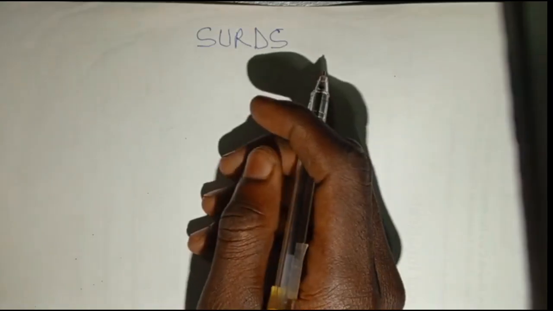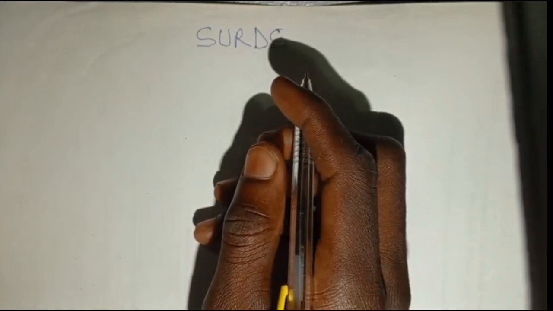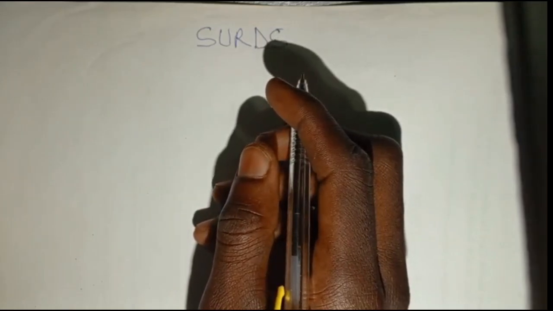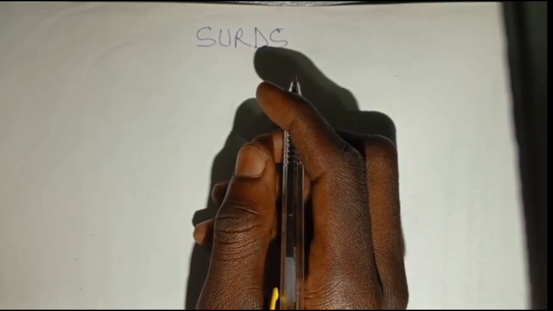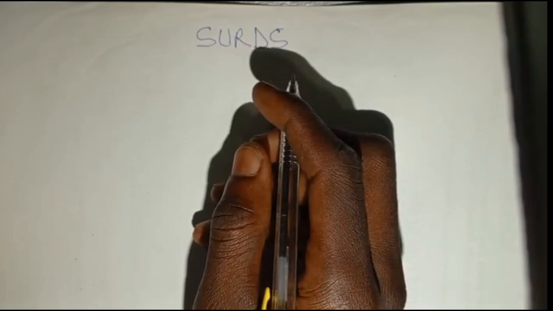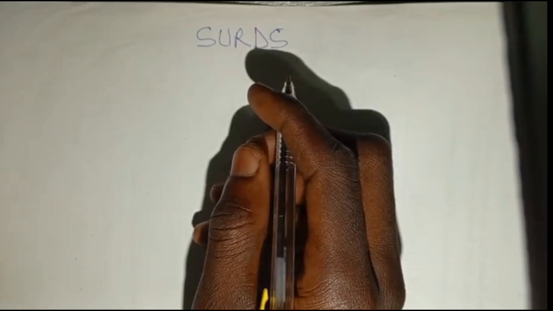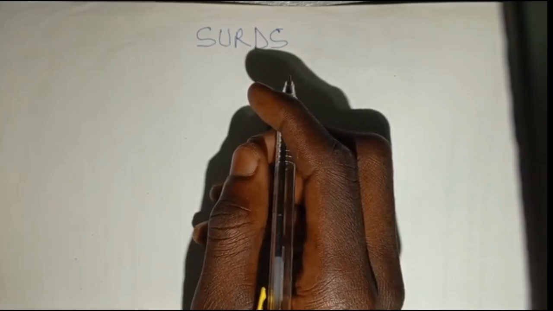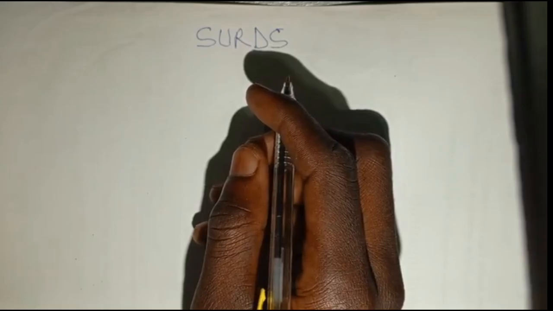By the end of this lesson, you will understand the definition of surds, properties of surds, how to simplify surds, how to add and subtract surds, how to multiply surds, how to divide surds, how to rationalize denominators, and if time permits, we are also going to look at how to solve real JAMB and WAEC style questions. Let's dive right into the lesson.